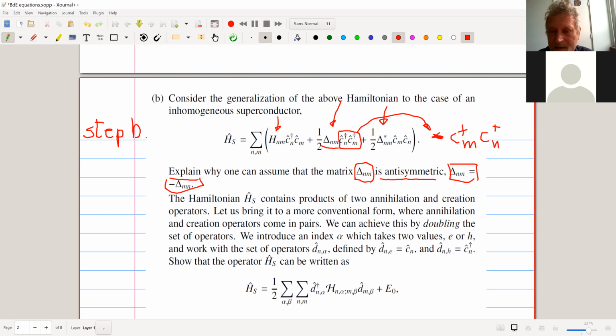Yeah, it's a bit clumsy, the minus sign. Let's make it more pronounced. Good. That's why, if matrix delta has a symmetric part, it won't contribute to the sum, because of commutation relations between the operators.